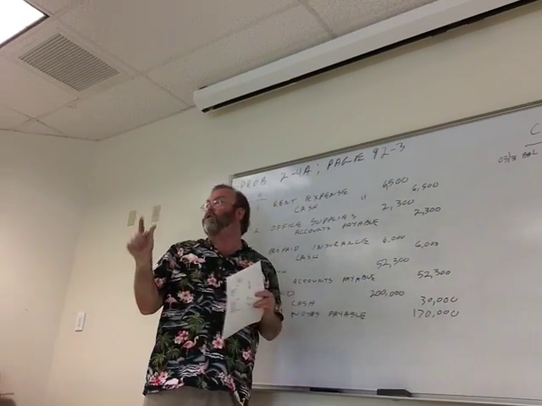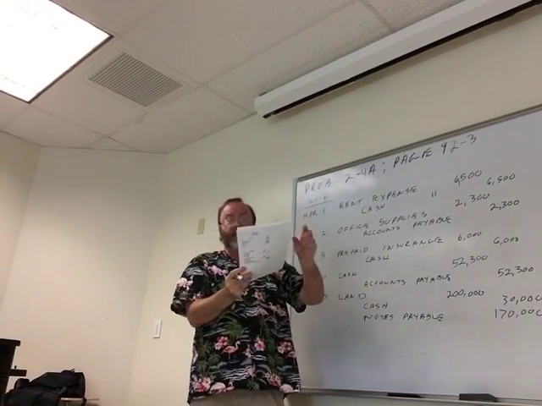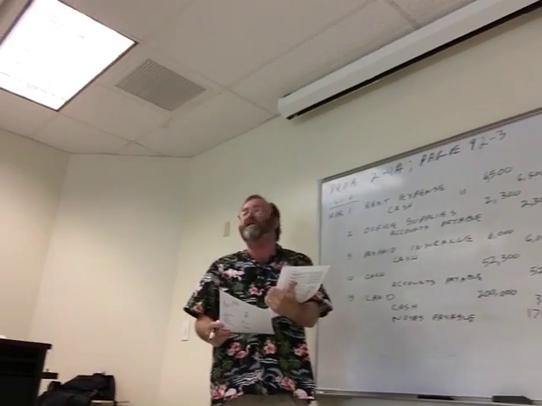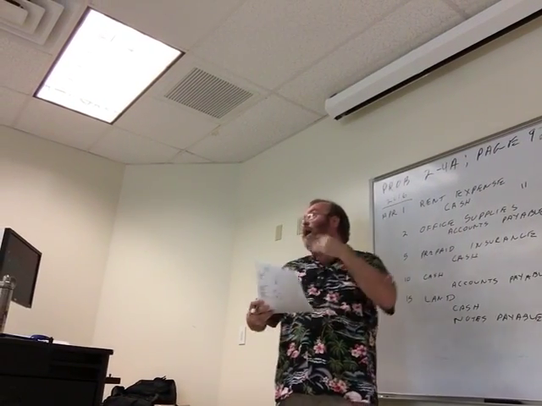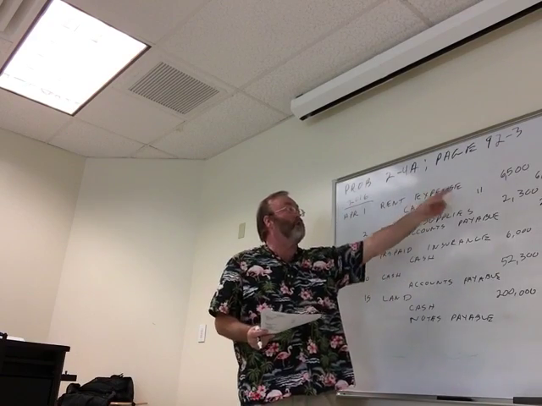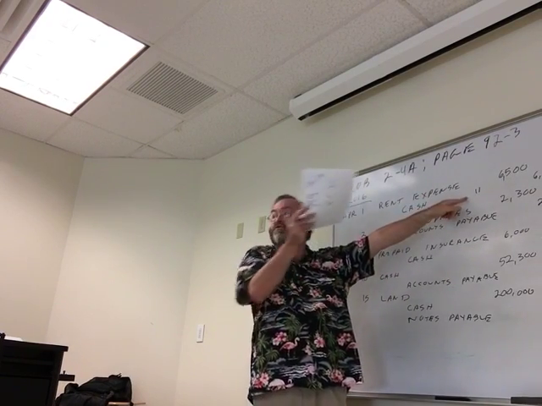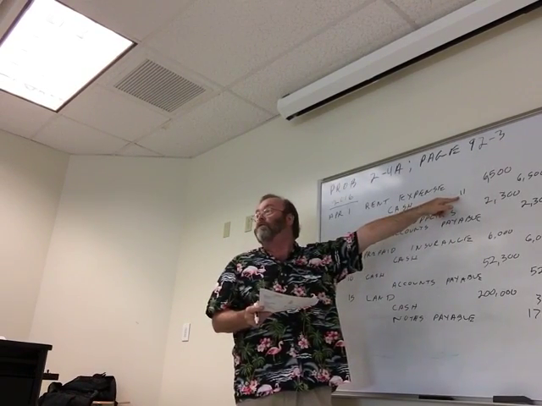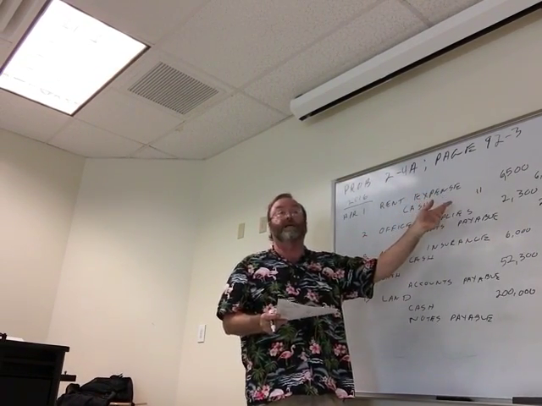So you're going to see on your journal, just like in this solution, there's a column for what they call the posting reference. And what I've done when I kept manual books is that when I post that cash transaction to the ledger, that's when I write the number down. So that tells me I did it.